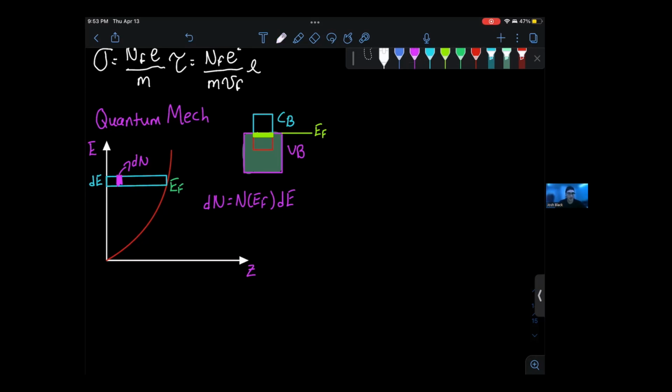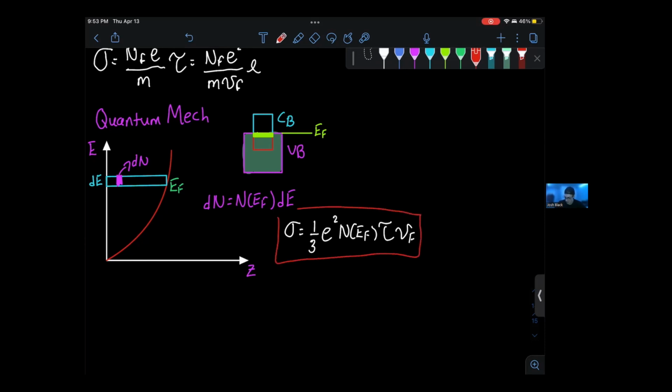Now, this quantum mechanical model of conduction says that conductivity is equal to 1/3 times the electronic charge squared times the density of states at the Fermi level times the relaxation time times the Fermi velocity squared.